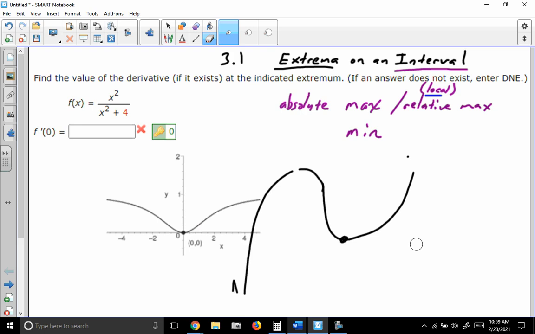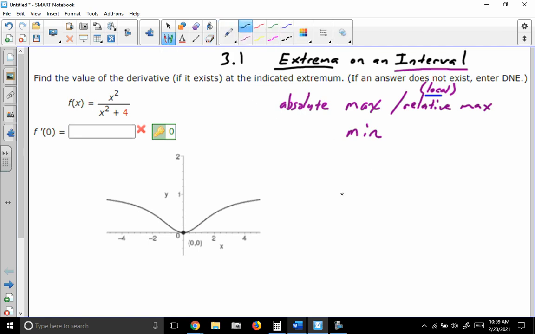Now, it gets more complicated to determine whether it's an absolute max or minimum when we use our entire domain. But if we only look at a certain interval, then that may be easier to determine.